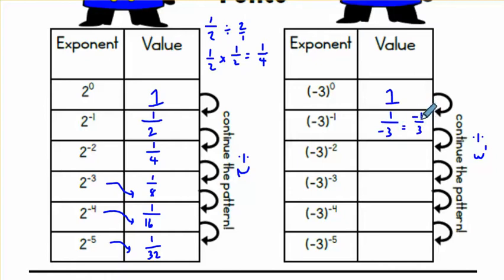It doesn't really matter where you put it, but usually we put it on the top because we don't want to forget that it's there. If we divide this by negative 3, so negative 1/3 divided by negative 3 would be negative 1/3 times, keep, change, flip. I'm going to put the negative on the top. And a negative 1 times a negative 1 is positive 1, and 3 times 3 is 9. So that gives us 1/9.